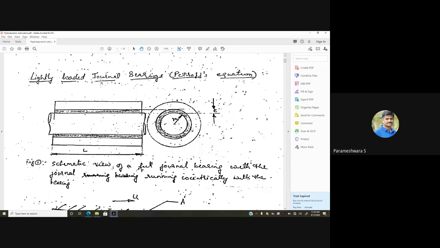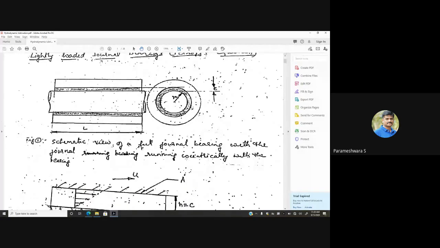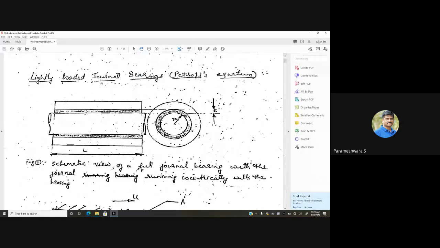This is called clearance. These journal bearings are meant for carrying high loads.